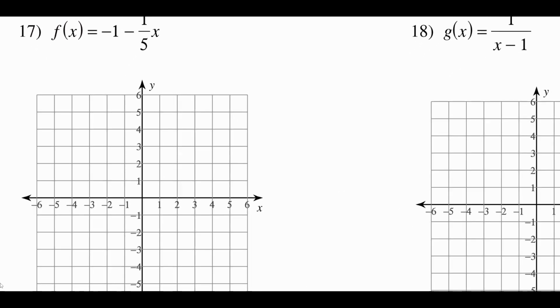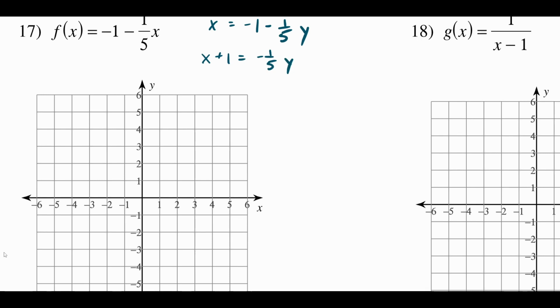For number 17, we have f of x equals -1 minus 1/5 x. Remember, when we swap x and y, we'll then solve for y. So we're going to have that x equals -1 minus 1/5 times y. Adding 1 to both sides, we'll get x plus 1 equals -1/5 times y, and then I'll multiply by a -5.